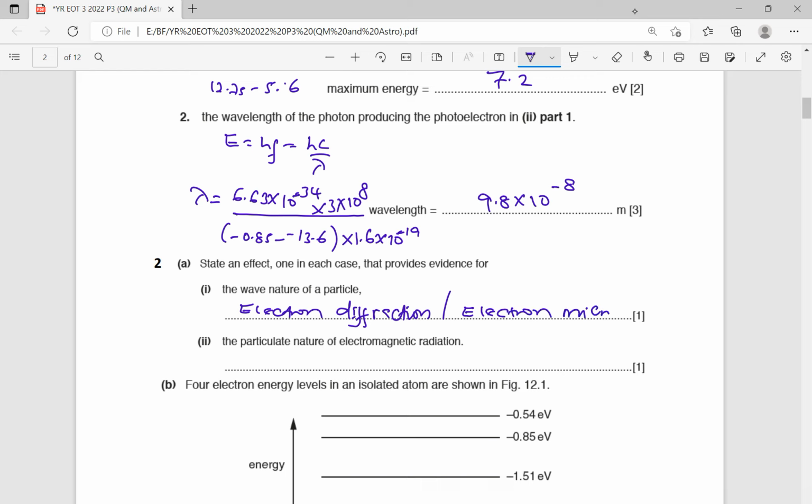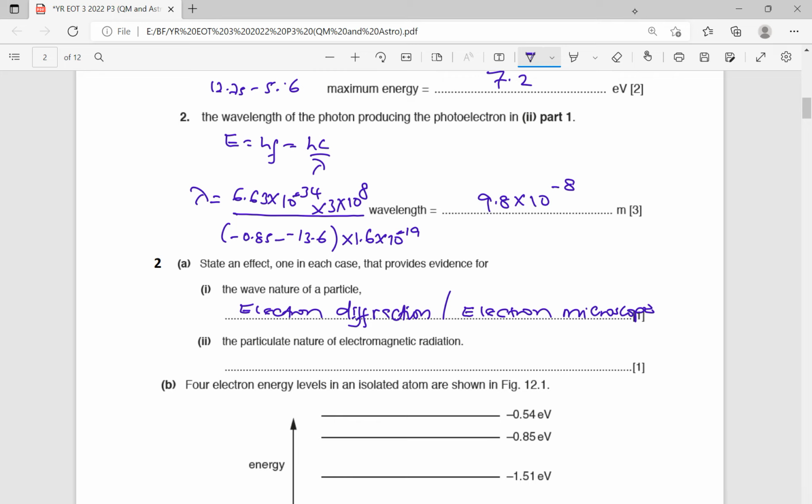So that is the most common. We do not talk about interference. Of course, we said there are two major properties which show that something is behaving as a wave, but we had enough proof for electron diffraction rather than for interference. So to show that a particle is behaving as a wave, we can concentrate on electron diffraction.